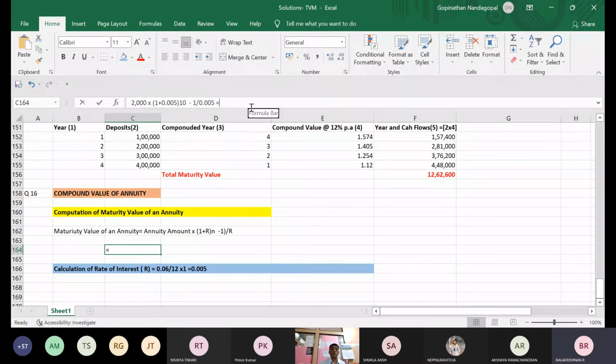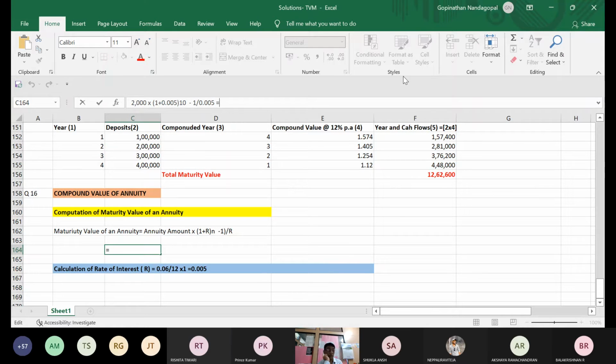What you have to do is 2000 into, find out the value for this: 1 plus 0.005 power 10 minus 1 divided by 0.005.